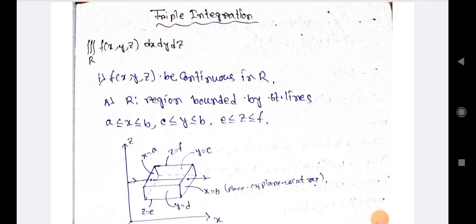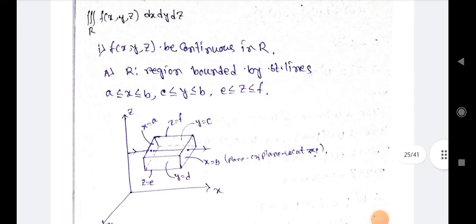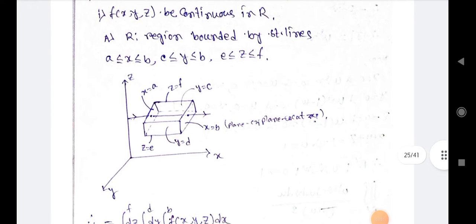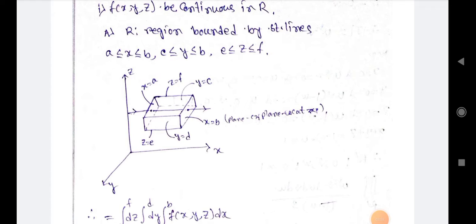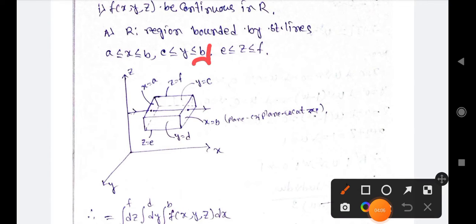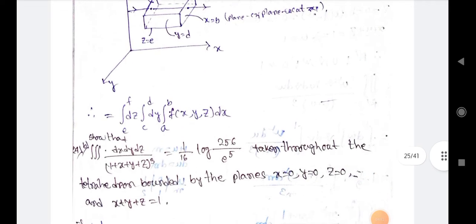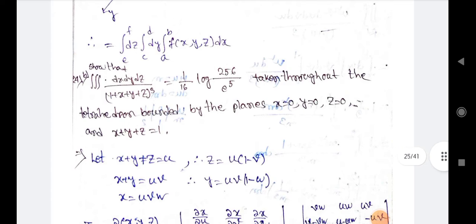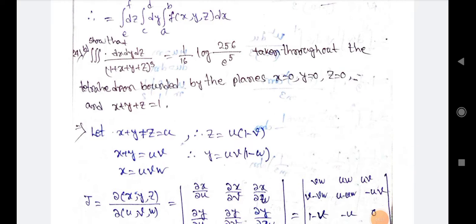Number 1, f(x, y, z) be continuous in R, the region bounded by the straight lines a less than or equal to x less than or equal to b, c less than or equal to y less than or equal to d, and e less than or equal to z less than or equal to f, equals integration e to f dz integration c to d dy integration a to b f(x, y, z) dx.